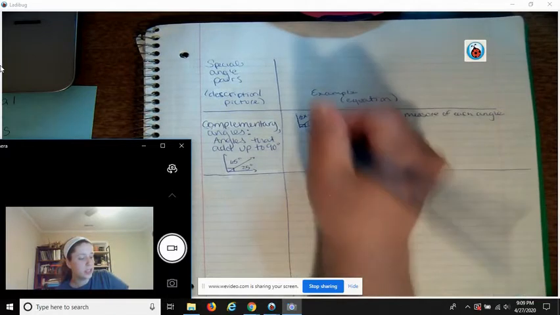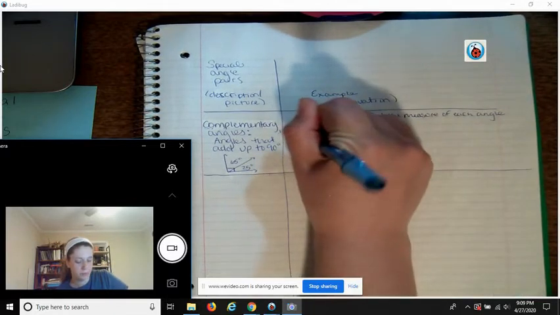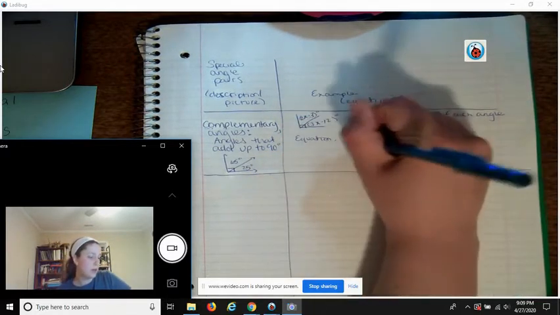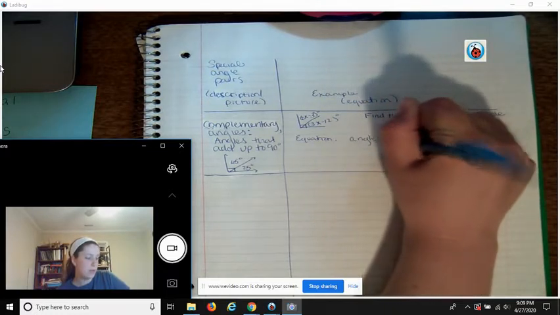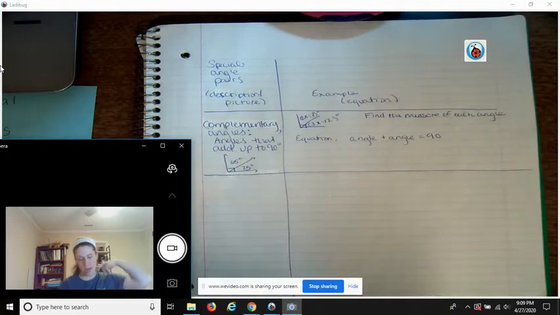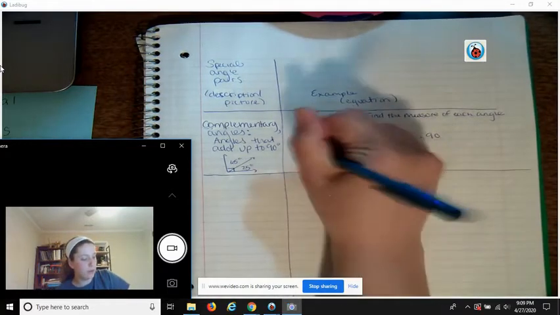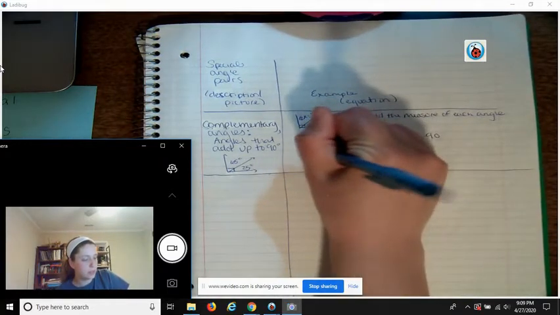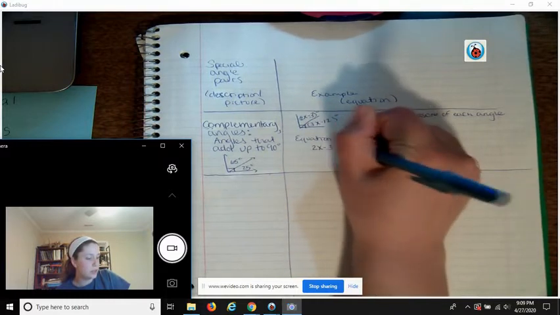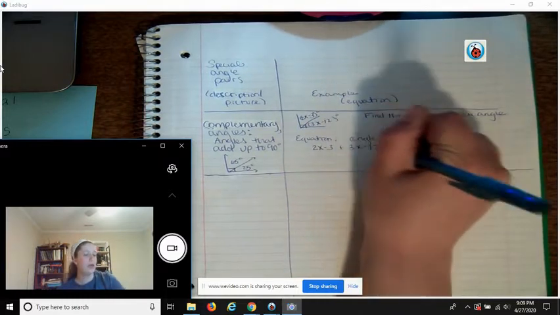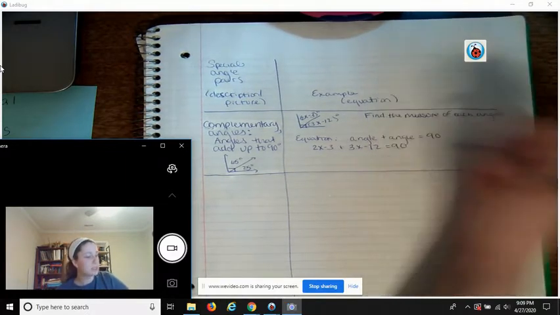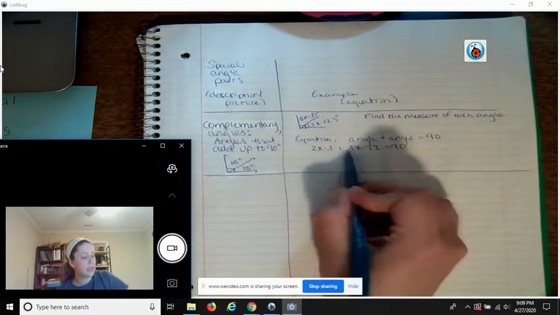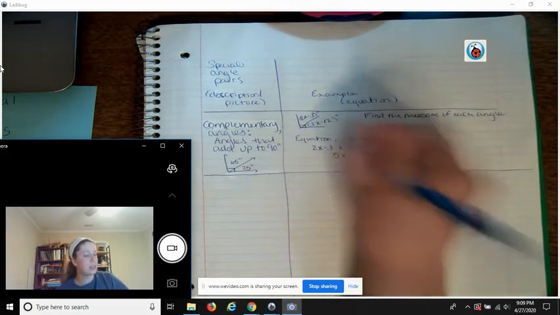So our equation is going to be our angle plus another angle equals 90. Our first angle was 2x minus 3, our second angle was 3x minus 12. We're adding those together, and they should be equal to 90 degrees. 2x and 3x gives me 5x.